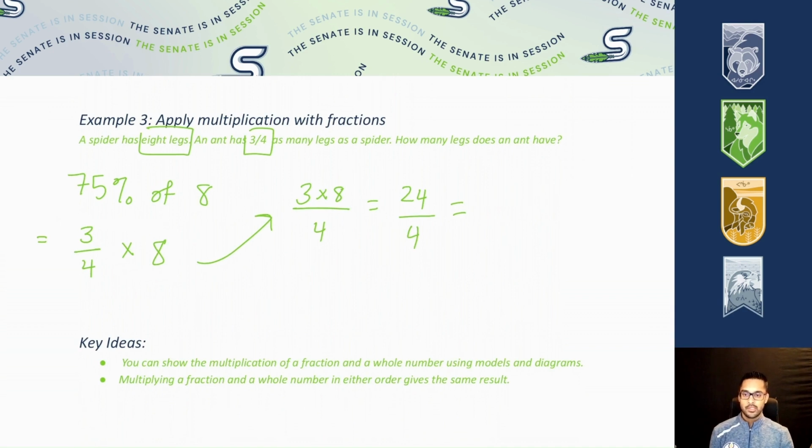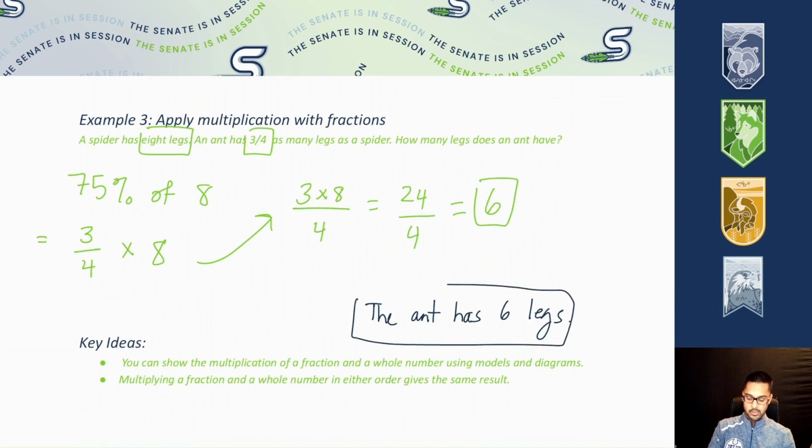If I try to change it to a mixed number, it's beautiful because it's going to leave me with a whole number. So 24 over 4, 24 divided by 4 will leave us with 6. And we have just done it. We have figured out that the ant has 6 legs. There's our final answer. Showing all of our thinking, all of our work, everything looks good.